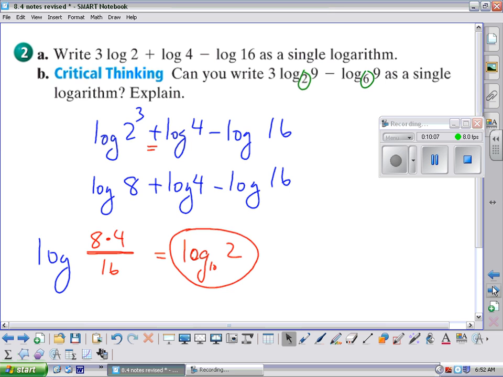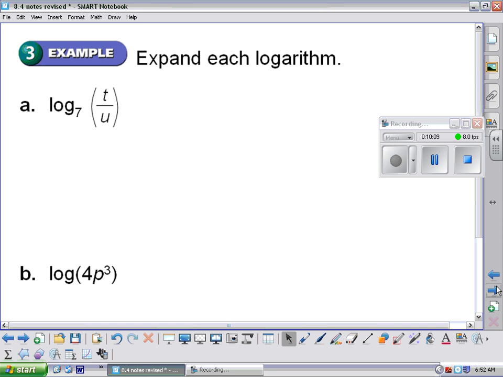All right, we have one more example here. Expand. So go the other direction. Make as many log statements as you can make. Okay? So this guy right here, we got T and U. So I'm going to break this up into two pieces. And division speaks to subtraction.